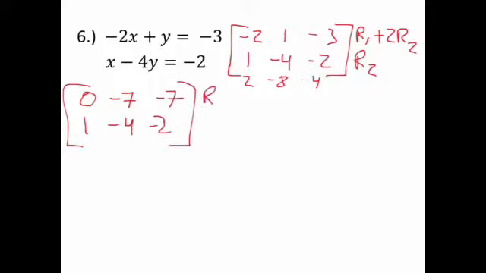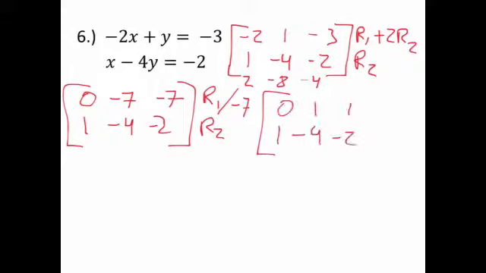I'm going to take row 1 and divide by negative 7, and leave row 2 the way it is right now. That'll give me 0, 1, 1, and then 1, negative 4, negative 2. Now that I have this, I'm going to take row 2 and add 4 times row 1, and leave row 1 the way it is.